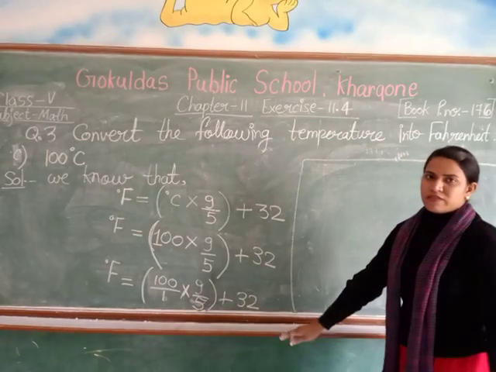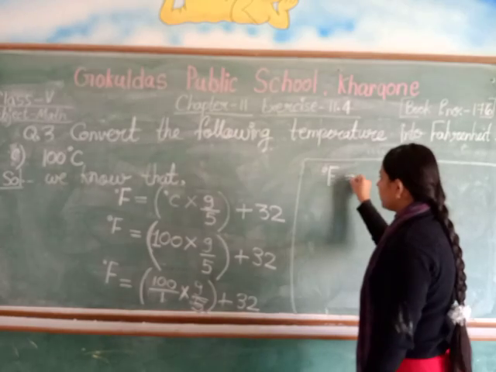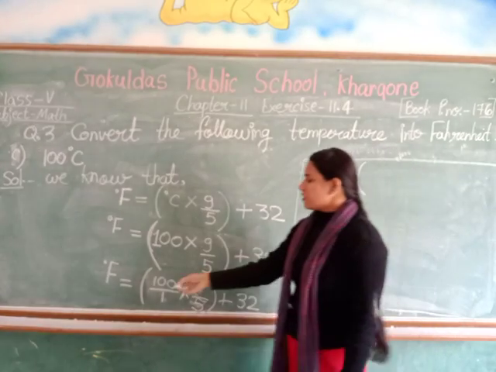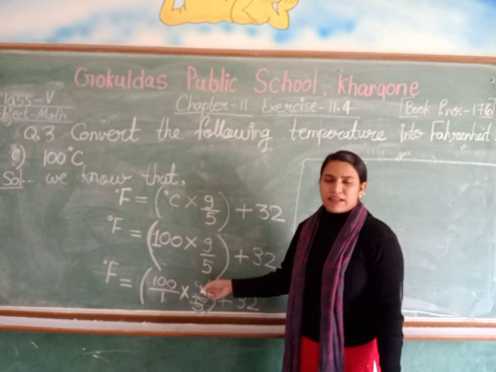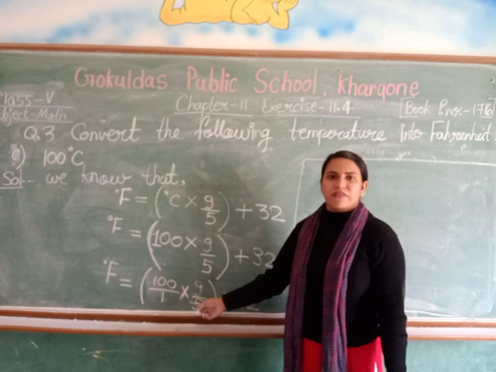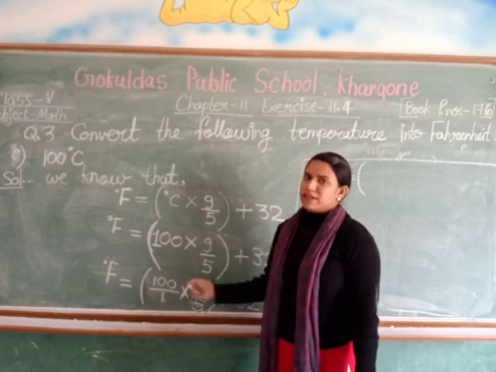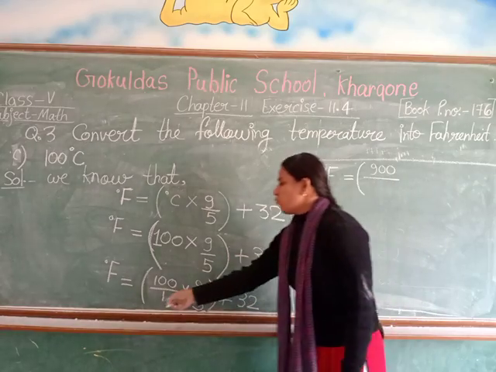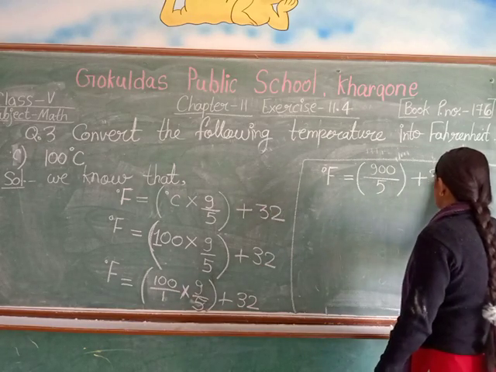Now we have two fractions which we need to multiply. I don't have space below, so I am writing here, but you will write in your following lines. Degree F is equal to bracket open. Numerator will get multiplied with numerator and denominator with denominator. So numerator 100 multiply 9, 100 into 9 is 900, upon 1 into 5 is 5, bracket close plus 32.